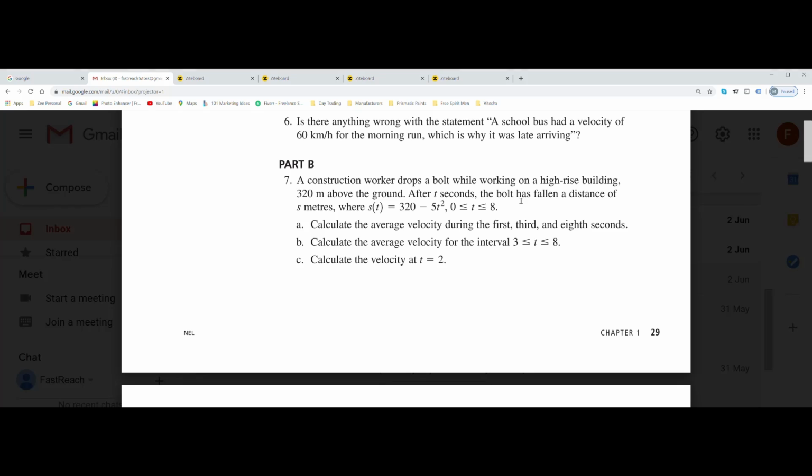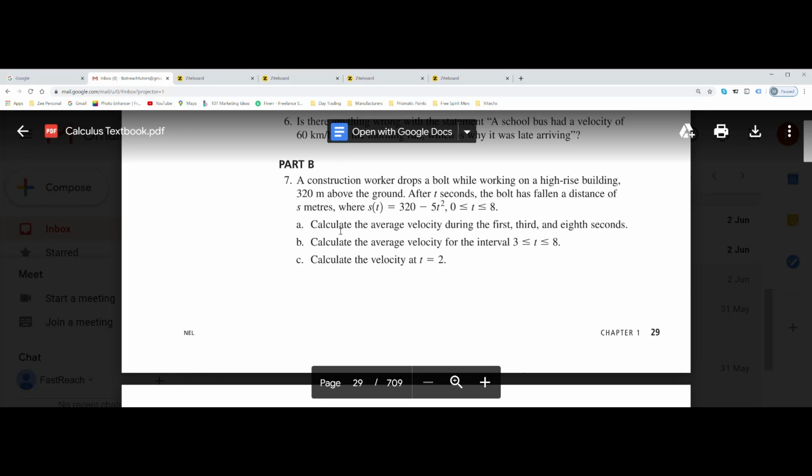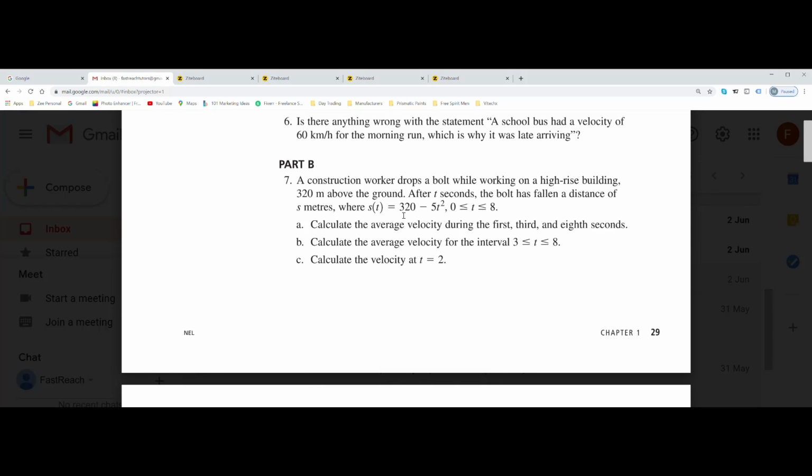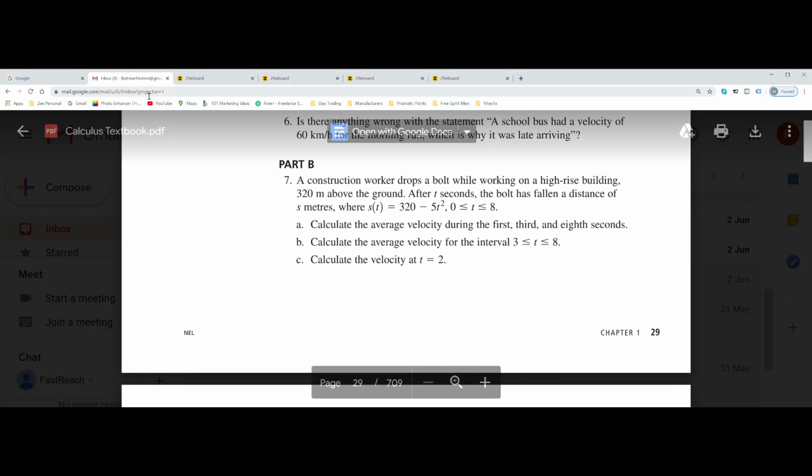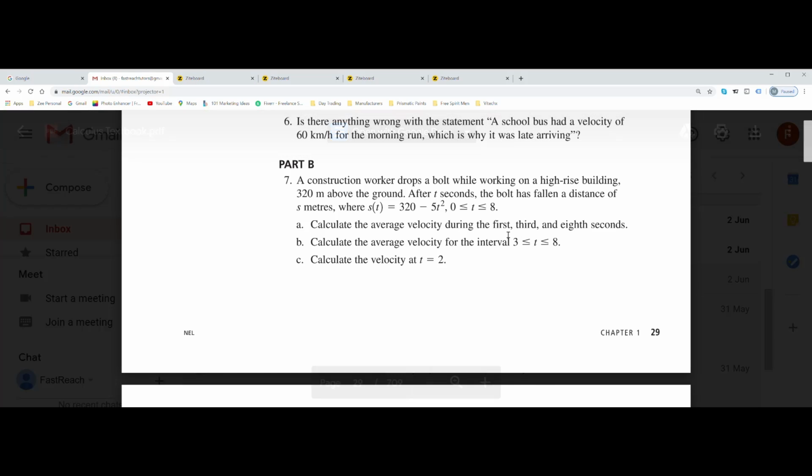After t seconds, the bolt has fallen a distance of s meters, where s(t) is equal to 320 minus 5t squared, where t is between 0 and 8. Calculate the average velocity during the first, third, and 8th second.